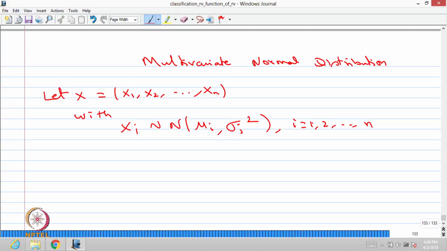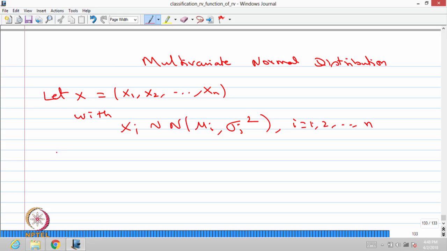Then we call the random variable x a multivariate normal distribution. Whenever each random variable is normally distributed, then the n-dimensional random variable is called a multivariate normal distributed random variable.